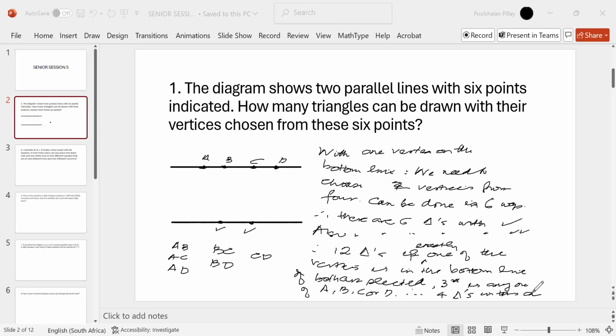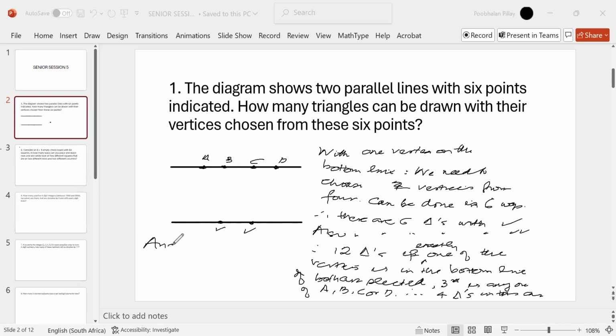So if both the vertices are chosen here, you got four triangles. If exactly one, you've got 12 triangles. And those are the only cases because you can't have no points on the bottom line. So therefore, altogether you have 16. Okay, because 12 plus 4. So these are all the possible cases.